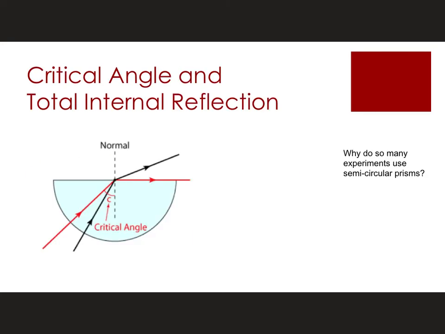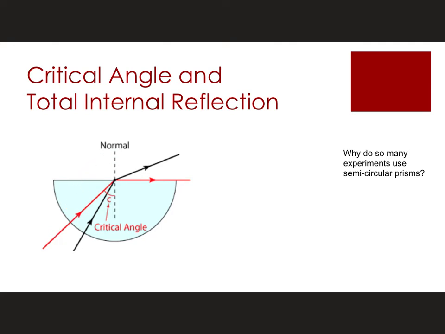Okay, so let's take a look at what happens when we go from a more optically dense medium to a less optically dense medium. Please don't get it confused with density as mass over volume, because that's not what we're referring to. We're referring to a higher index of refraction, or refractive index, to a lower index of refraction.